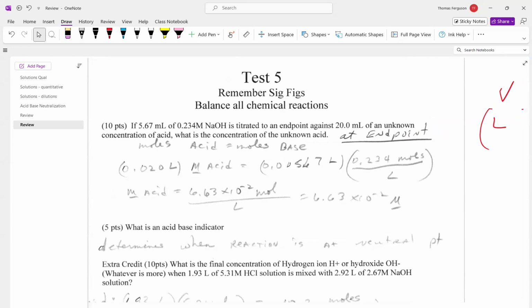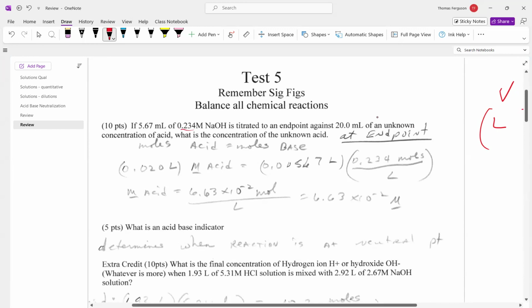So that's the unknown. Everything is in liters. Molarity is defined as moles per liter, so make sure everything is in liters. We're going to convert 20 milliliters over to liters, times the unknown concentration of acid, equals the volume in milliliters of base.